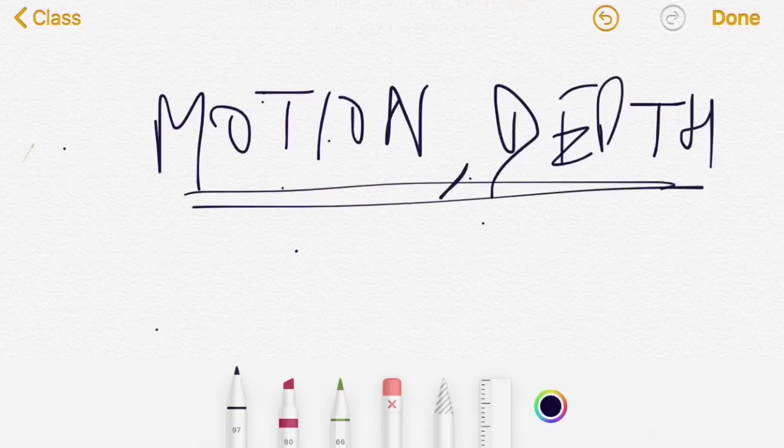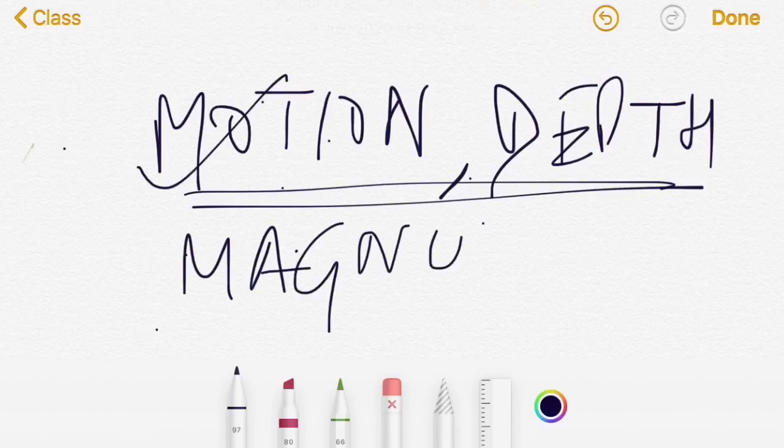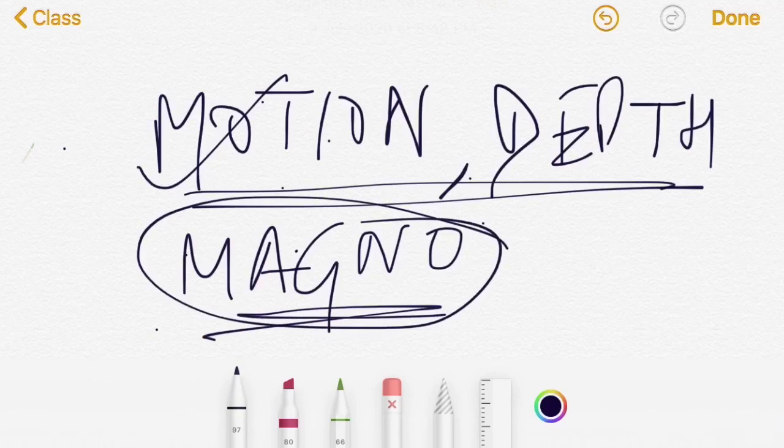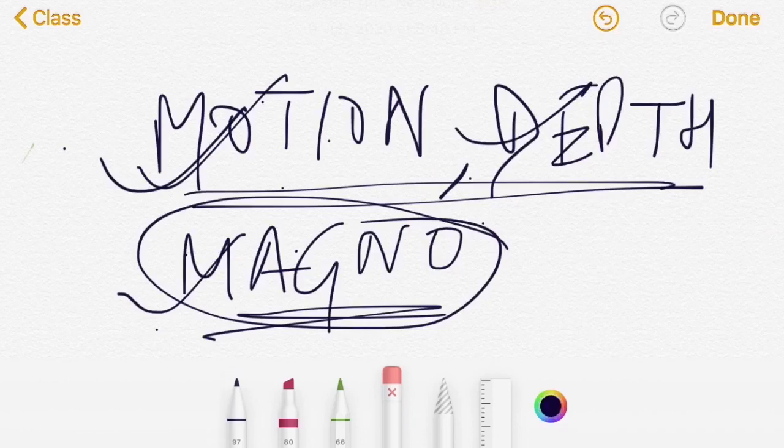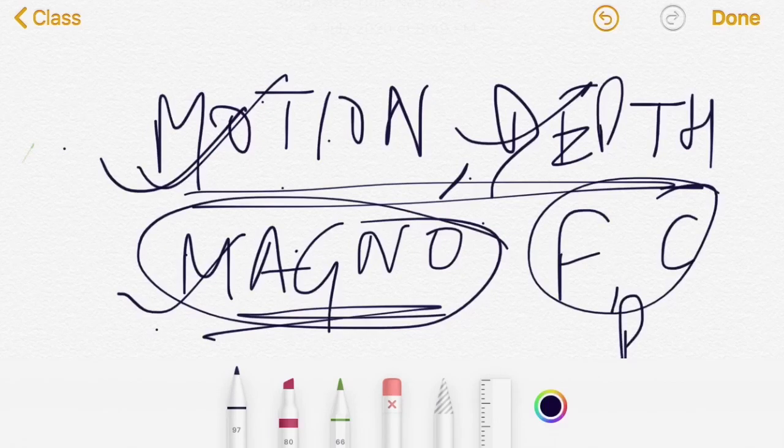Motion and depth, like the 3D or 4D aspect of that object, are concerned with the magnocellular pathway. M for magno, M for motion and depth, magnocellular, and parvo was for form and color. So motion and depth are processed by the magnocellular pathway.